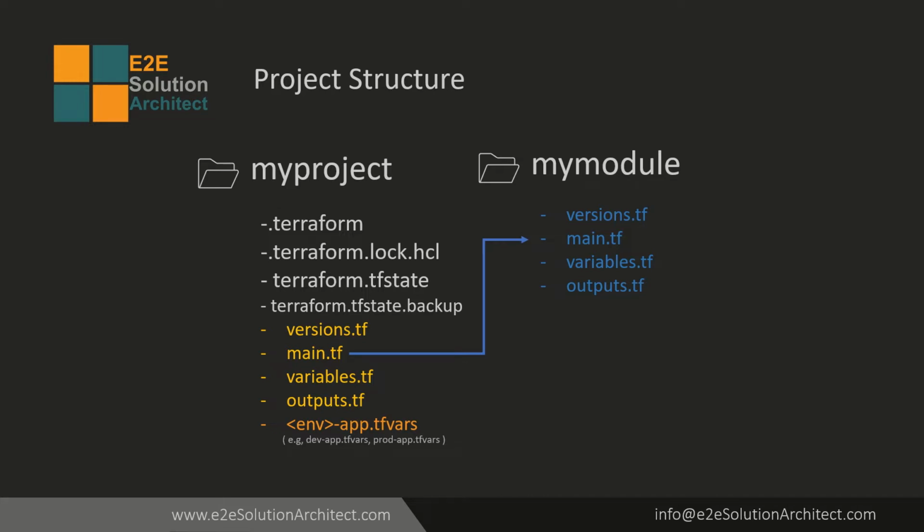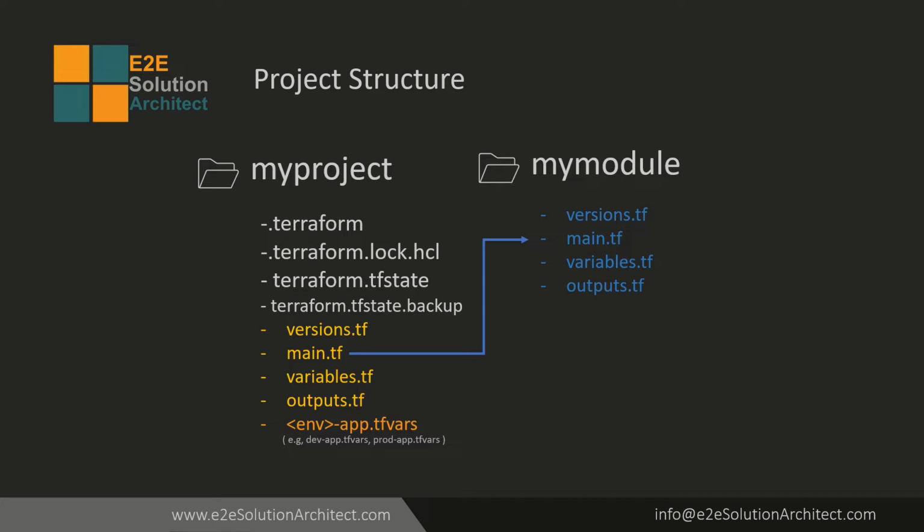If it is production, then production-app.tfvars. In my next session, I'll be talking about how to manage multiple workspaces and multiple environments. But for this session, just keep in mind that the tfvars file keeps all the variable values in key-value pairs. That's it.